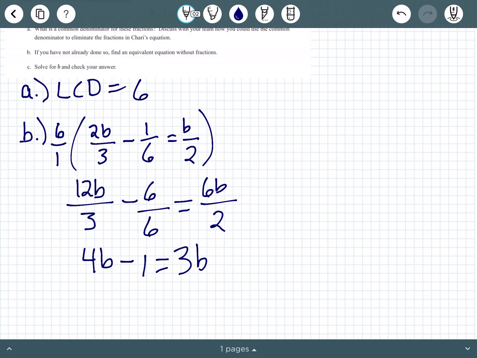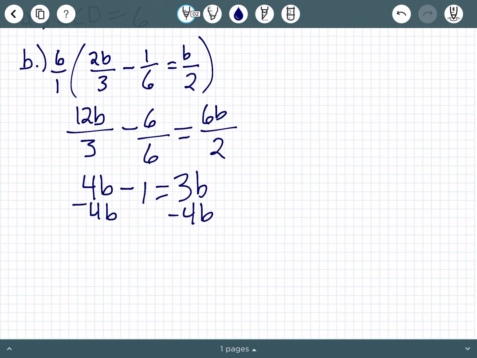So I am going to subtract 4b from each side. So I'm left with 0 here, and then negative 1 would equal negative 1b, or just negative b. So what I can do, if you remember, is that I cannot have a negative variable.